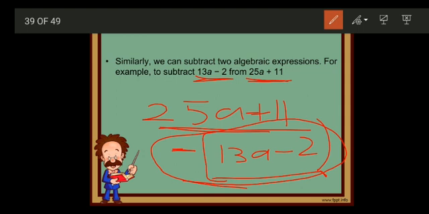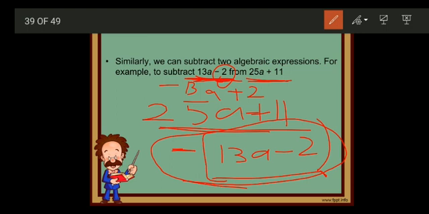So what will be the additive inverse of 13a minus 2? Changing the symbol. So here 13a is positive, change that to negative, minus 13a. And this 2 has negative symbol, minus 2, change that to positive, plus 2. So additive inverse of 13a minus 2 is minus 13a plus 2.